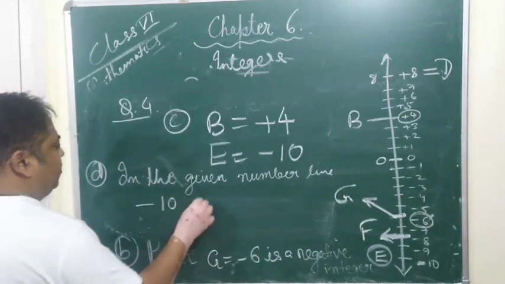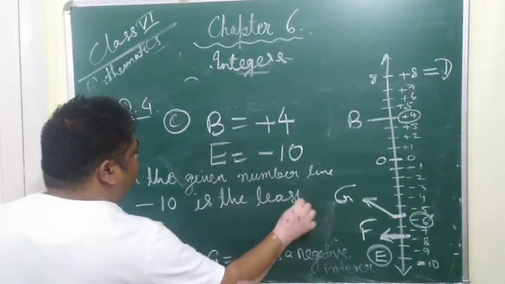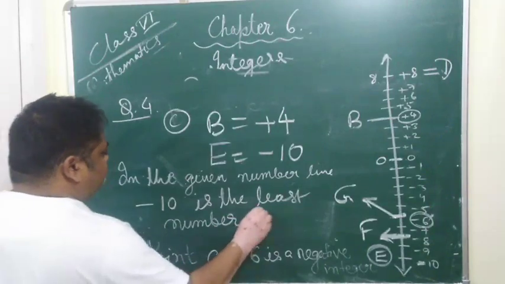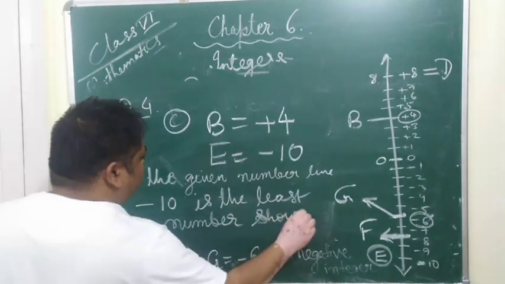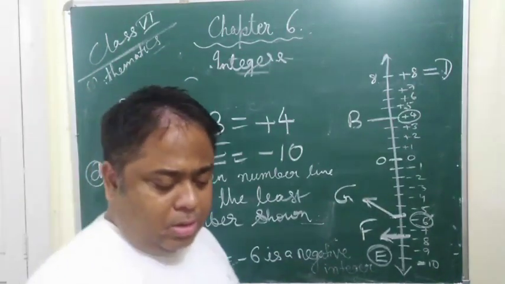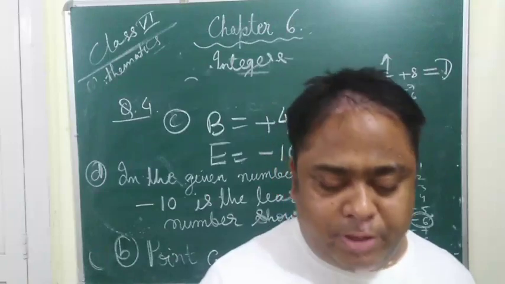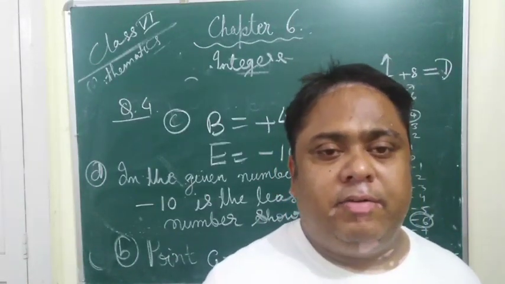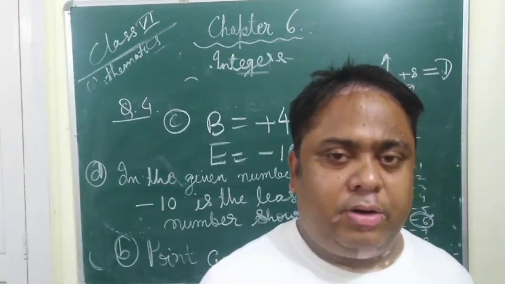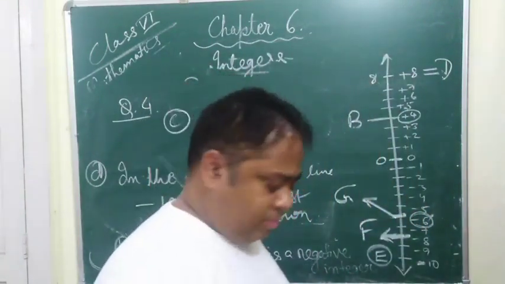Minus 10 is the least number shown. But what is the least number which can be shown? There is no limit, because a line is not ending. It does not end at both the ends. But in the given figure, minus 10 is the least number given.